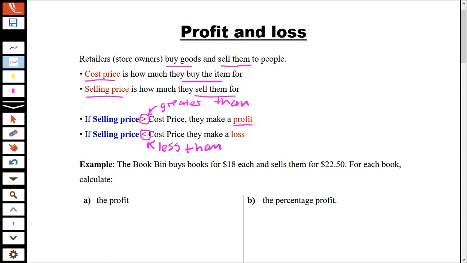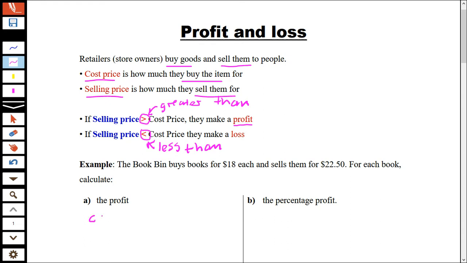Okay. All right, let's have a look at the first question. Now, the Book Bin buys books for $18 each and sells them for $22.50 each. So for each book, calculate the profit. Okay, so let's write down a couple of things firstly. What can we say about the books themselves? Well, the books are bought for $18 each by the shop.